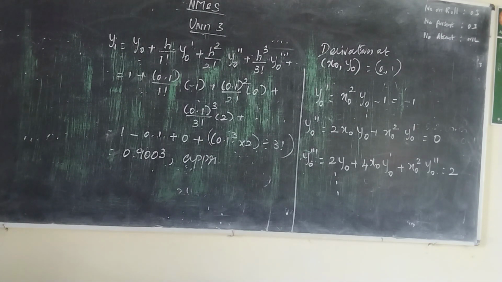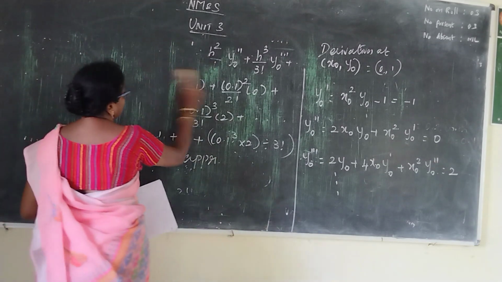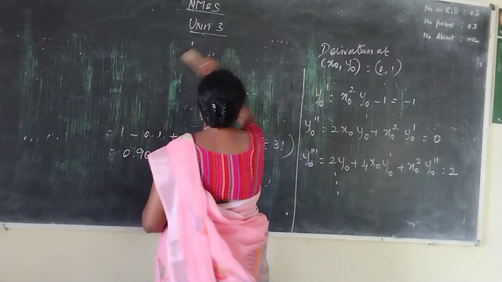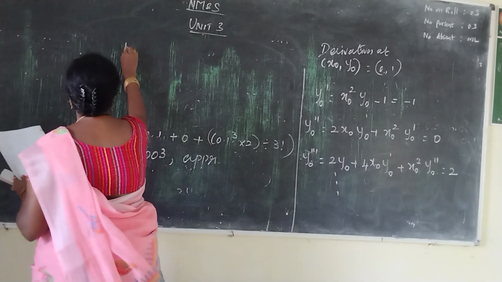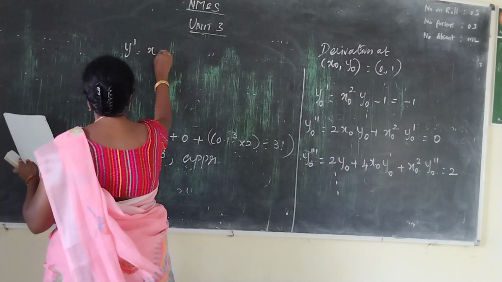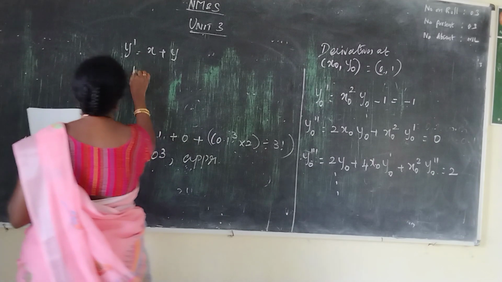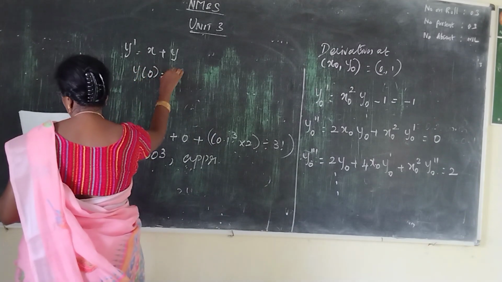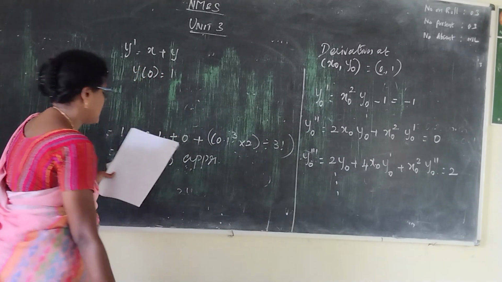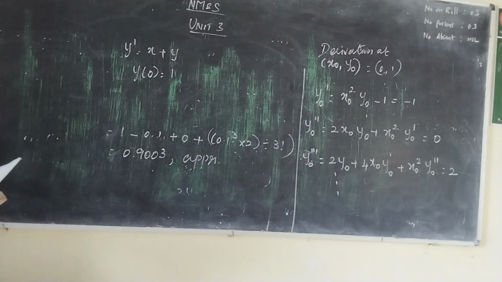Okay? Shall I give you the next one? Next problem. Given y dash is equal to x plus y, y of 0 is equal to 1.